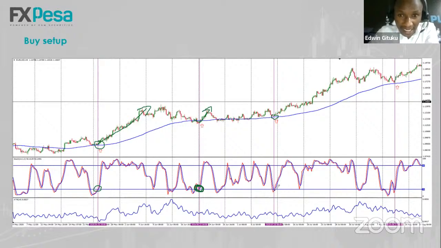And given that we were in an oversold zone, as can be seen on stochastic, having price pulling upwards along the 100 EMA would give you a setup to buy, because the trend is highly likely to continue upwards. These are just a few examples of buy setups or scenarios where you could enter buy positions.